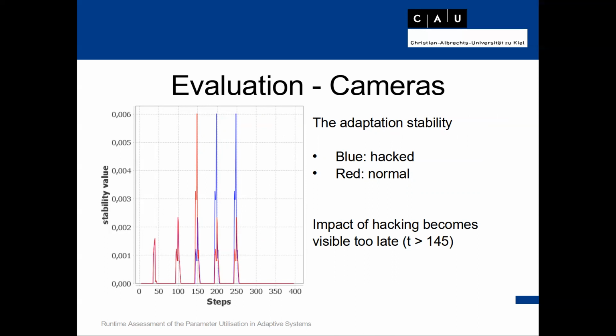And the blue graph is the outcome of the hacked simulation. We can see the intruder really is smart enough. During the time frame of the attack, 110 to 120, the impact of the hacking is not visible. It only becomes visible later, after 145.